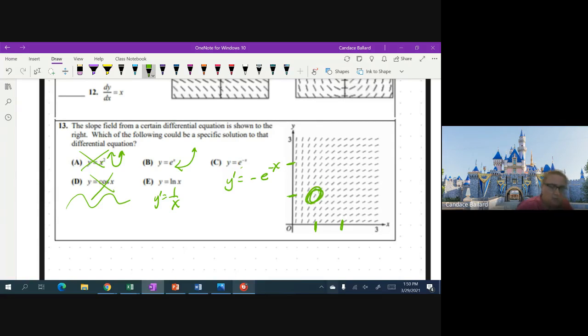We know it has to be a positive slope. Oh, and check this out, okay? If I put 1 into here, I get 1 out of it, right? The x value of 1. If I put 1 into here, I get negative e to the negative 1, which is negative 1 over e. This is a negative slope no matter what, so it has to be this one right here.